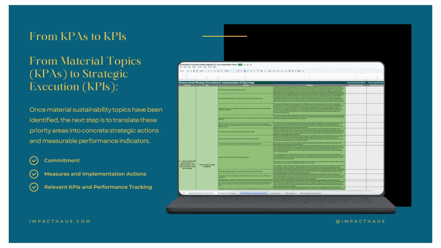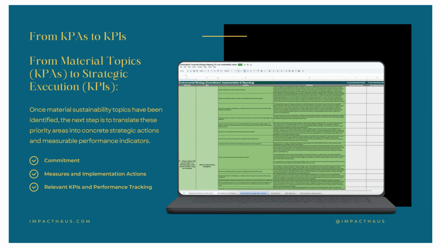This is exactly how sustainability strategies are structured in large consulting projects, because it allows leadership to clearly understand what the company wants to achieve, what actions are being taken, and how success will be measured. Once the Excel template is completed, it effectively becomes the company's sustainability roadmap.